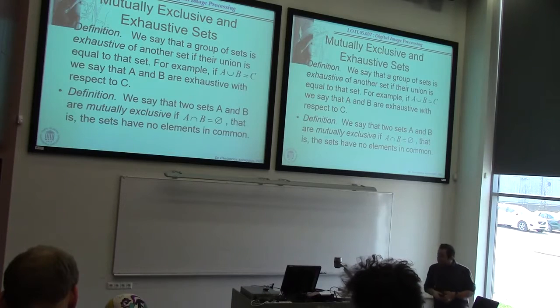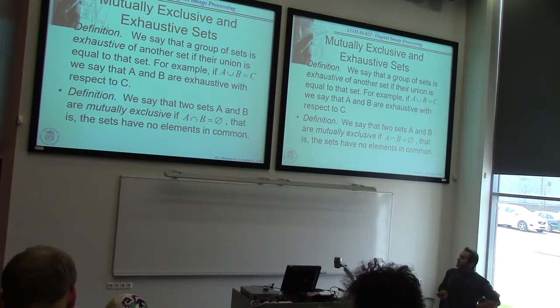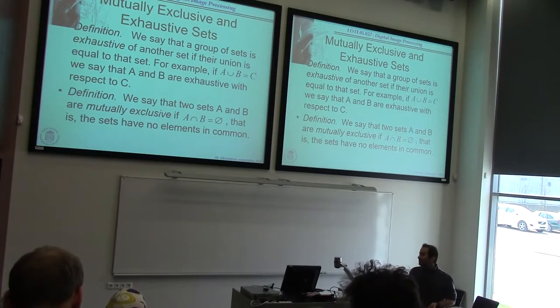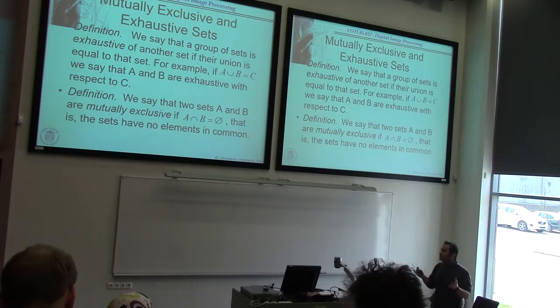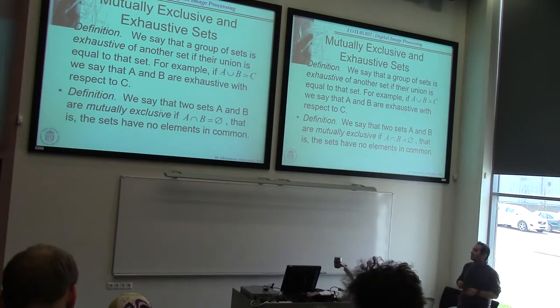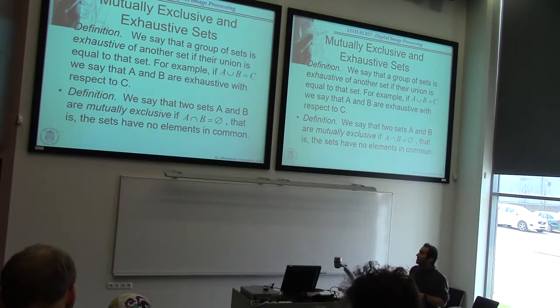These are some simple operations. We can also say that we have mutually exclusive sets, or in some books they call them disjoint sets, when the intersection of two sets is equal to empty. It means that there is no common number in both of them.